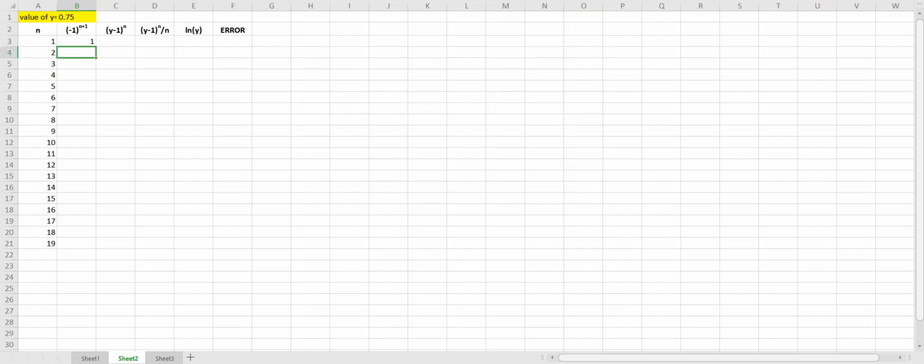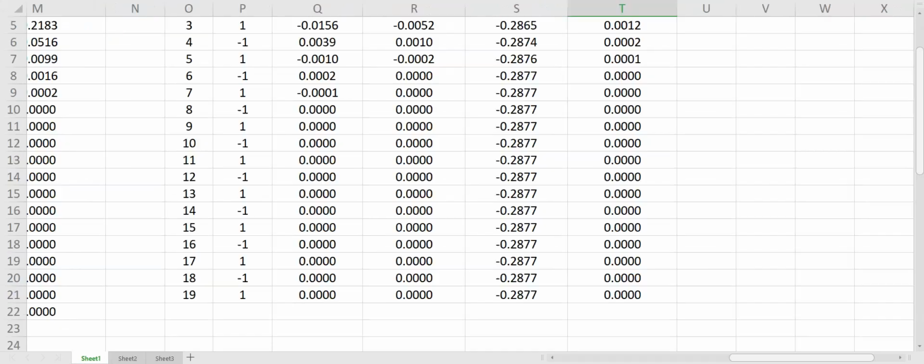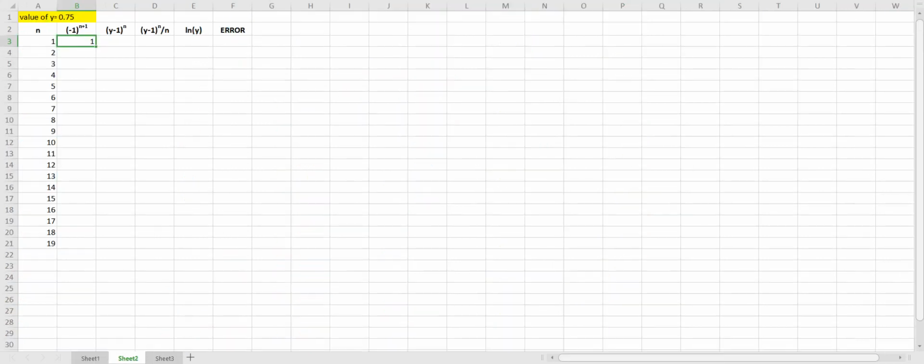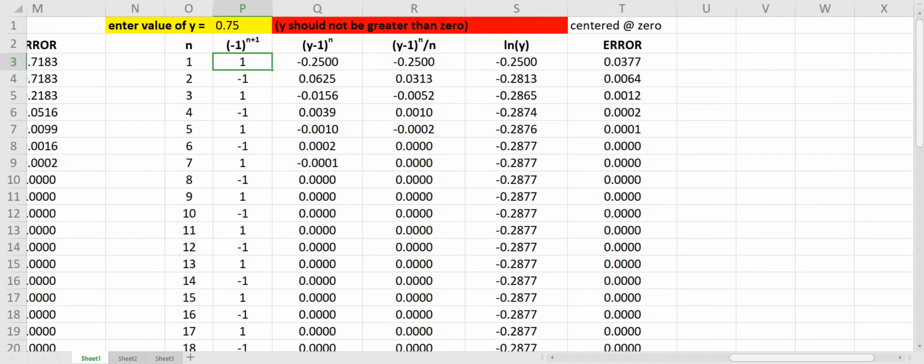Here we already have 1, and the same thing can be seen in our second column, where the first value is 1. Now we will do the same formula for the rest. So we will have 1, negative 1, 1, negative 1, and so forth. The same happened in the second column in spreadsheet number 1. That's what happened in the second column.